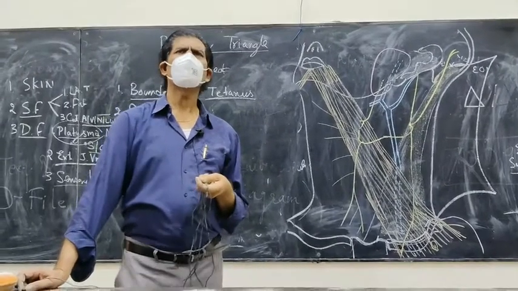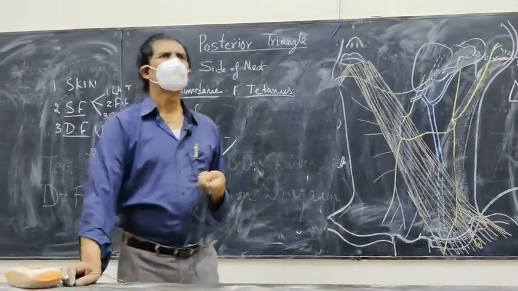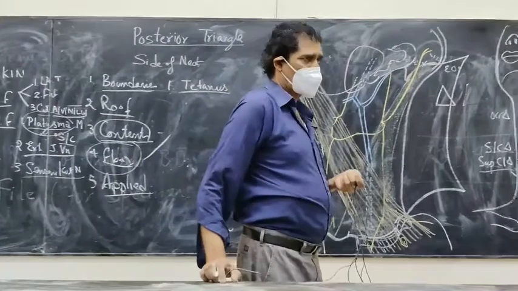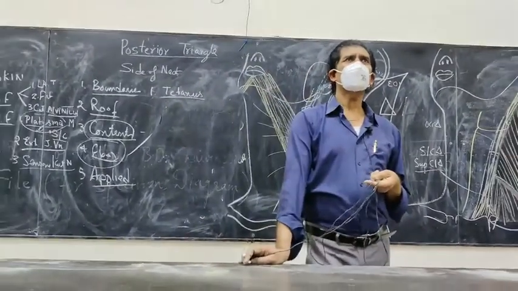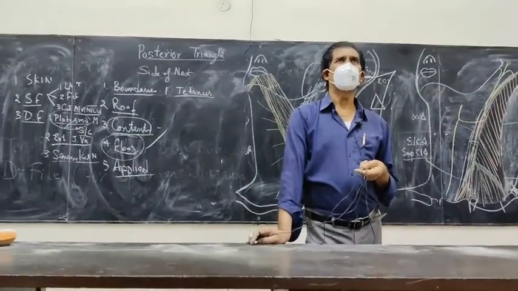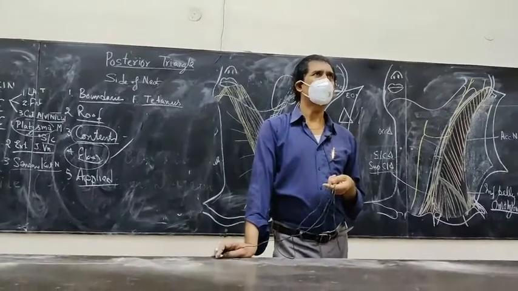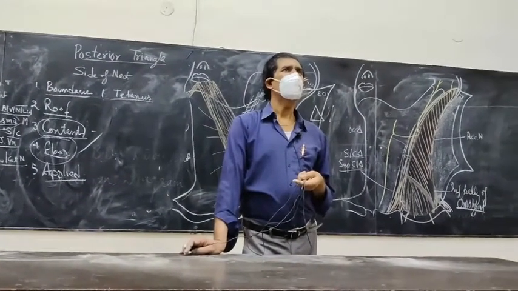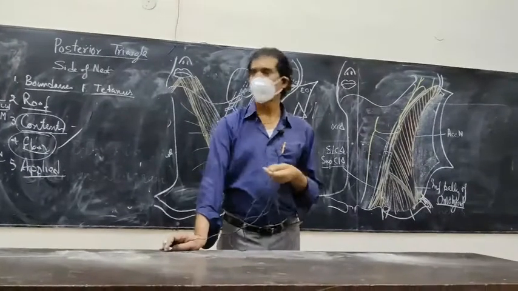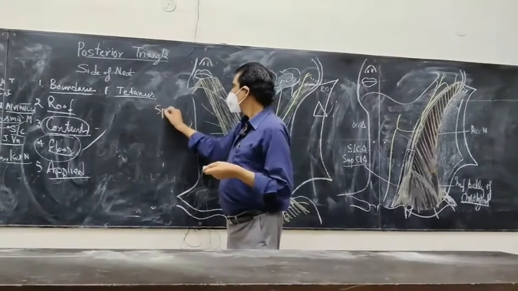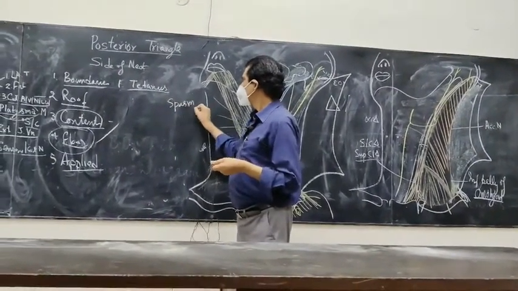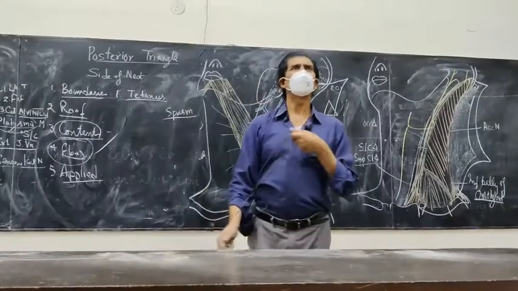And what is the ill effect on the human body? On the skeletal muscles. All skeletal muscles of the body from head to toe, because of this toxin, they undergo spasm. What is spasm?